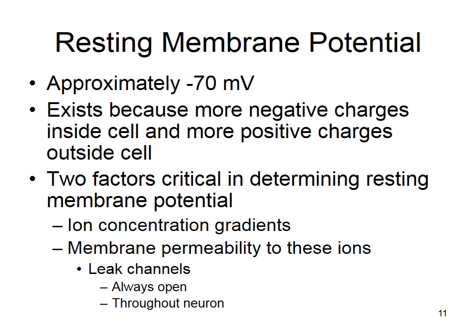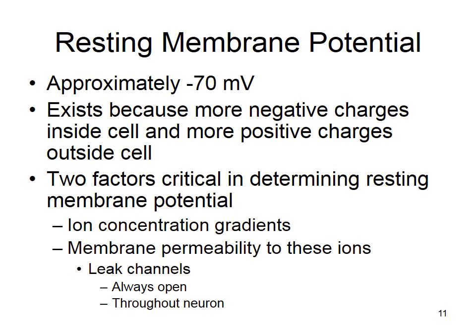There are two factors that are critical to determine resting membrane potential: ion electrochemical gradients, and how permeable the membrane is to these ions, so whether or not there are leak channels. Which ion do our cells have leak channels for, especially a lot of them?